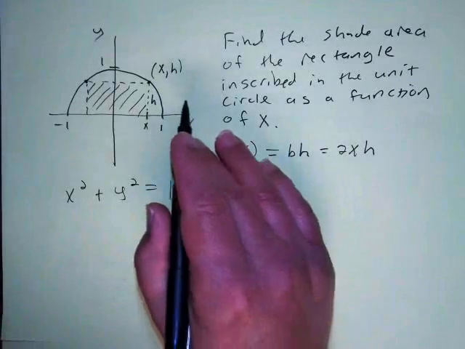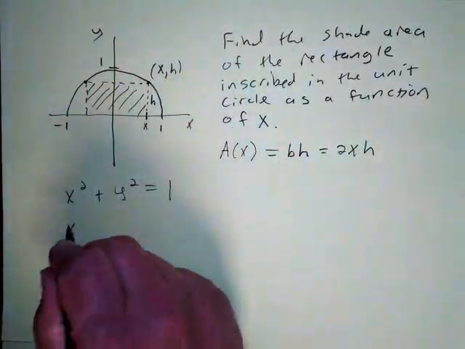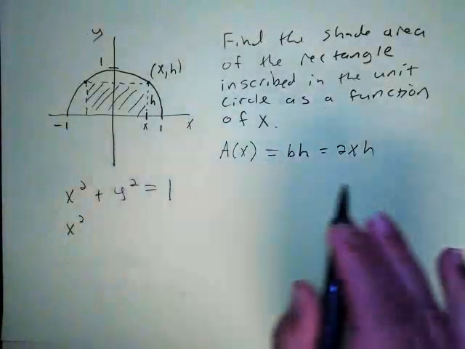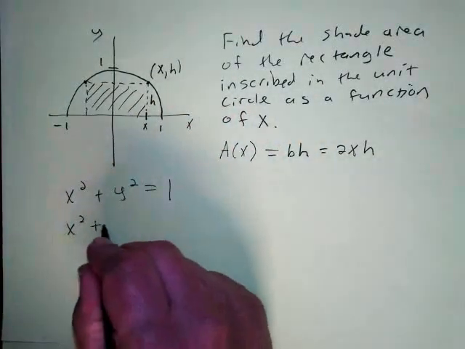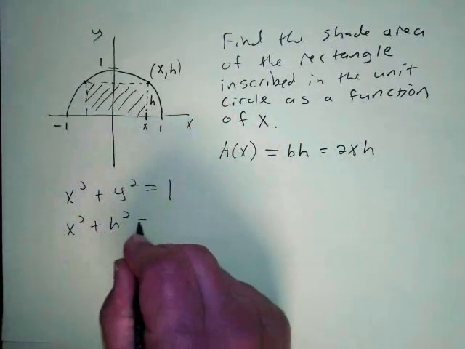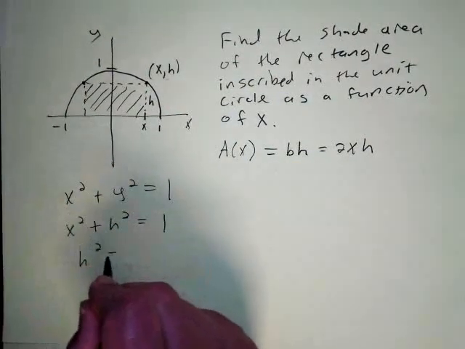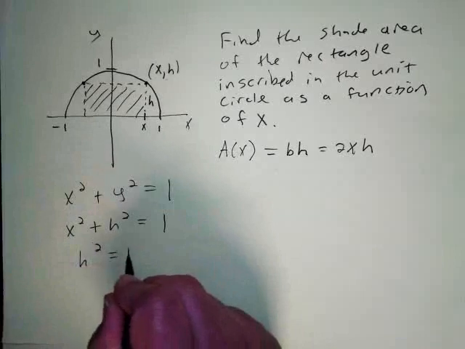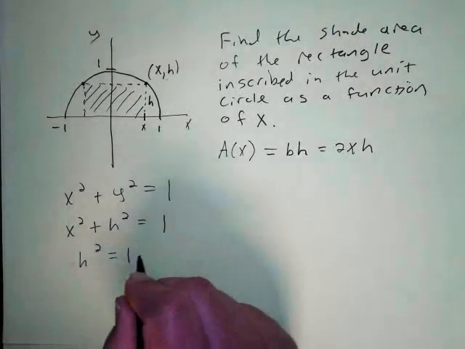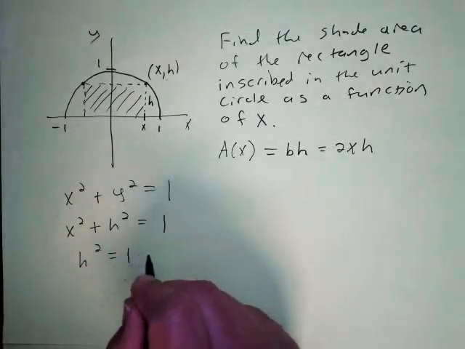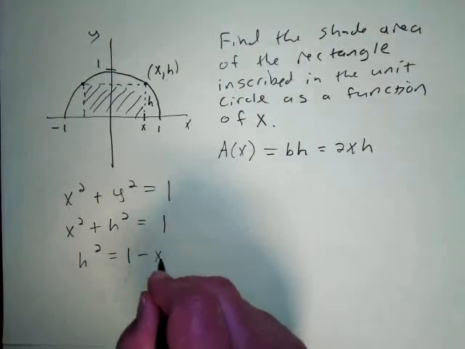And so basically, I want h here in terms of x. So I could say x squared plus h squared is equal to 1. So that means h squared is equal to 1 minus x squared.